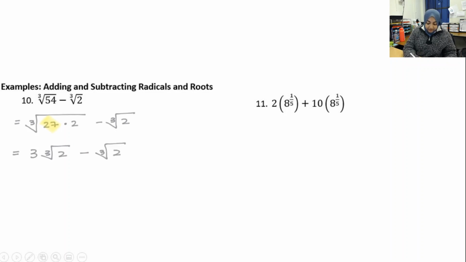And now look at this, I do have like terms, right? I can do 3 cube roots of 2 minus 1 cube root of 2. Let me just write in a placeholder of a 1 just for now. So 3 cube roots of 2 minus 1 cube root of 2 is equal to 2 cube roots of 2.